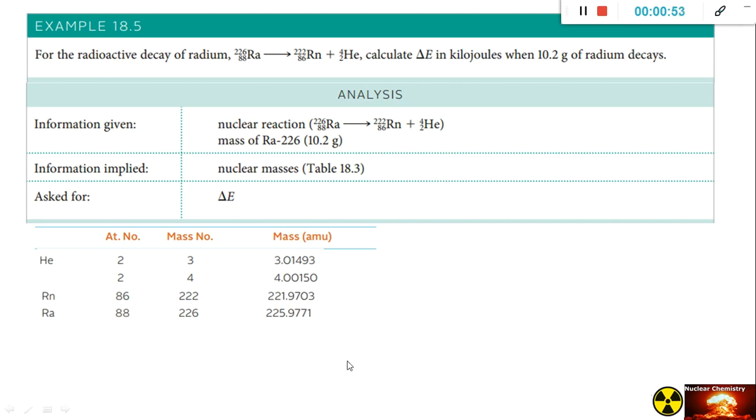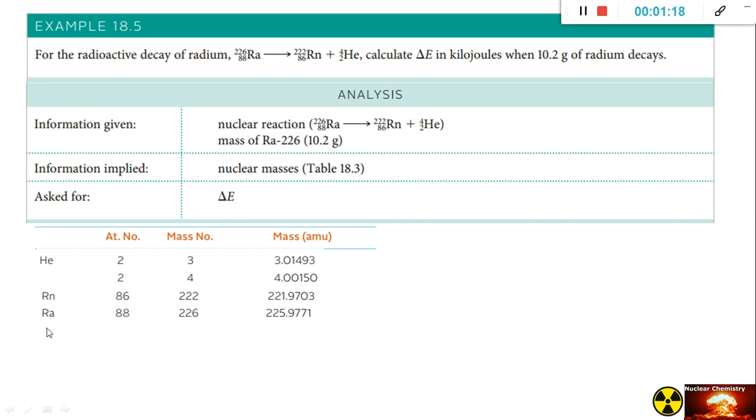So, we have extracted table 18.3. We have here helium; we will only use the one with atomic number 2 and mass number 4. So we have 4.00150 atomic mass units for helium. We have radon with 221.9703 atomic mass units.